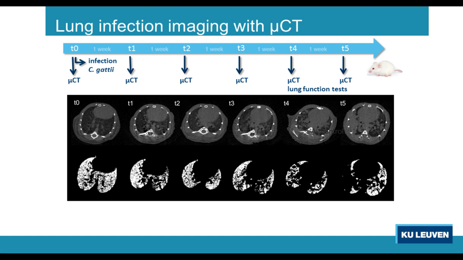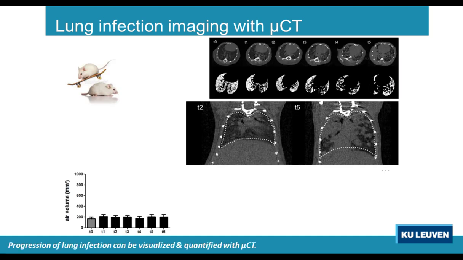We would binarize the aerated lung tissue from the infected lung tissue. And here you would see on this 2D image that the aerated lung spaces that are in white really decrease over time.